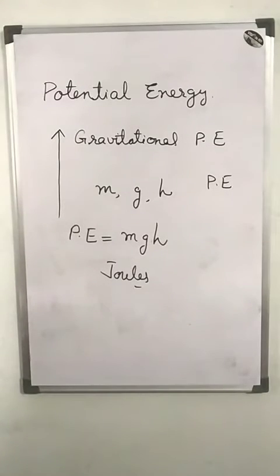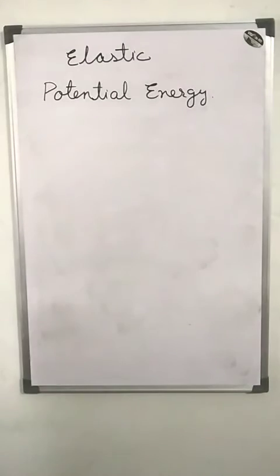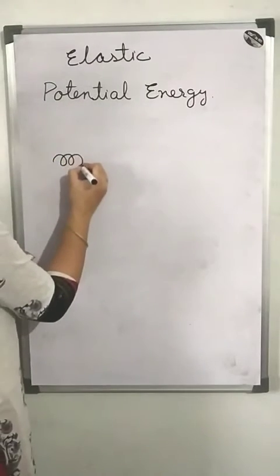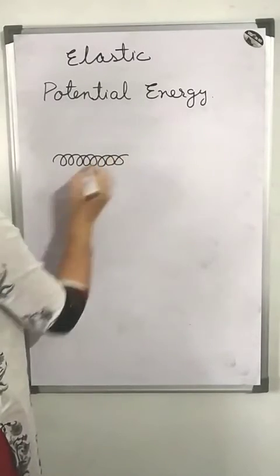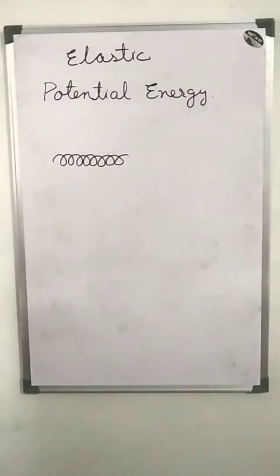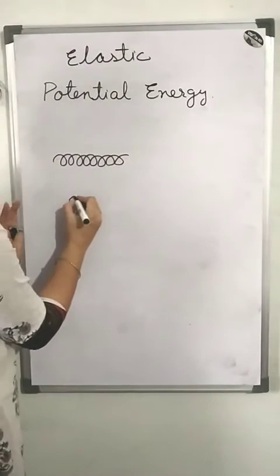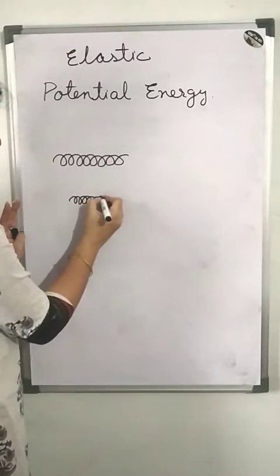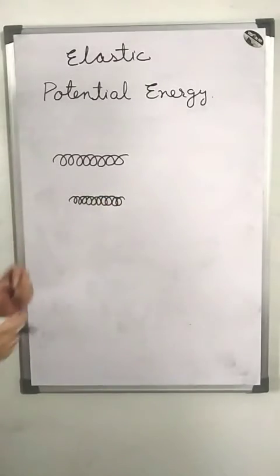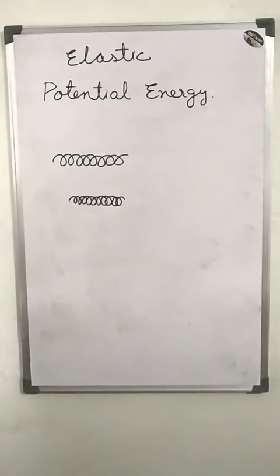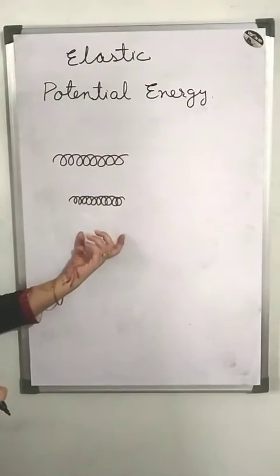Now I will explain one more type of energy, elastic potential energy. Take one spring, and suppose we compress it. When a spring is stretched or compressed from its natural length, it gets some extra energy, and it can return to its natural length by performing some work.